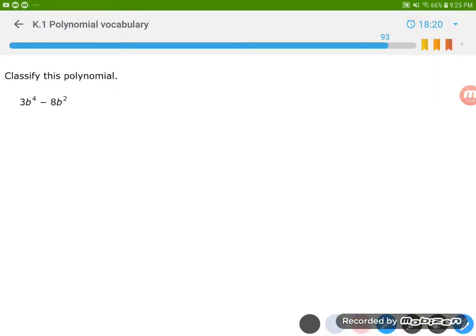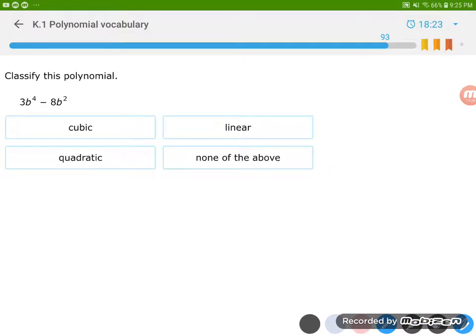Cool. We'll go ahead, we can do a couple more. So classify the polynomial. Well, I see that it has a highest degree of 4. Degree 4, I believe that's a quintic or something like that. But either way, we're not worried about those. We only see linear, quadratic, and cubic.